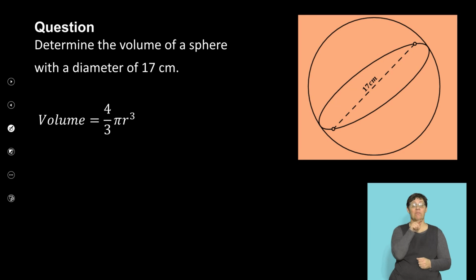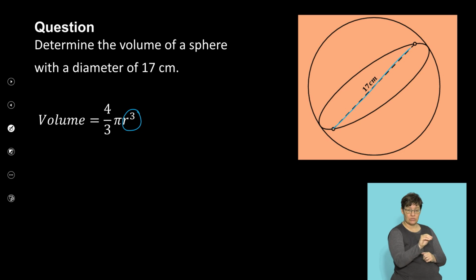So the volume of a sphere is 4/3 pi times r cubed. And because it is multiplied by r cubed, I have to address the fact that I've been given a diameter of 17 centimeters. If I substitute in 17 in the place of r, my volume is going to be so much larger than it needs to be, everyone.